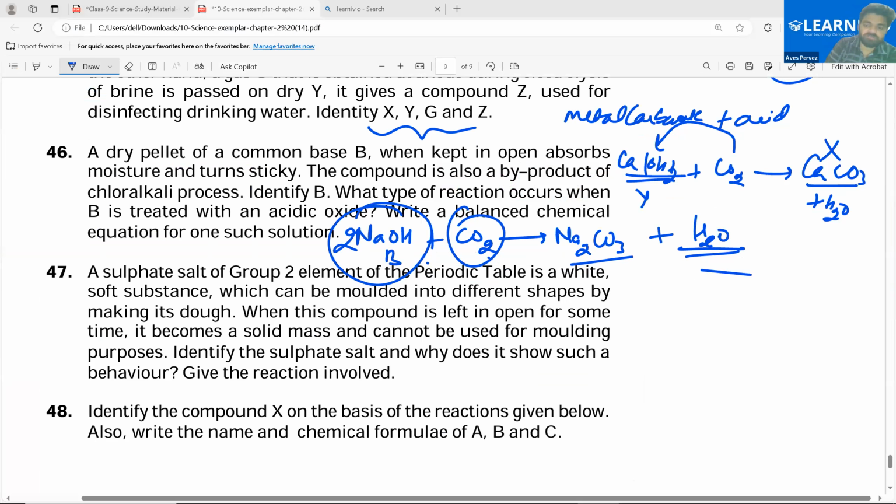Calcium sulfate is not gypsum. Calcium sulfate with half H2O is POP.